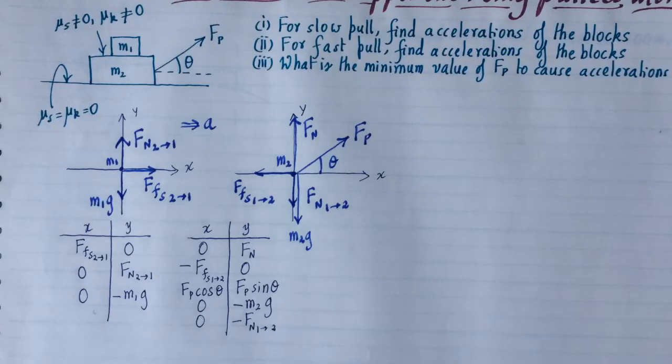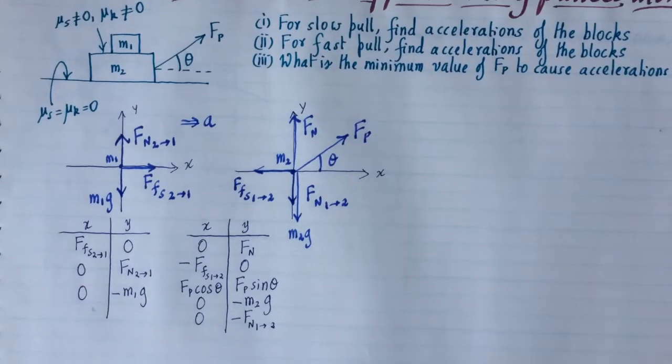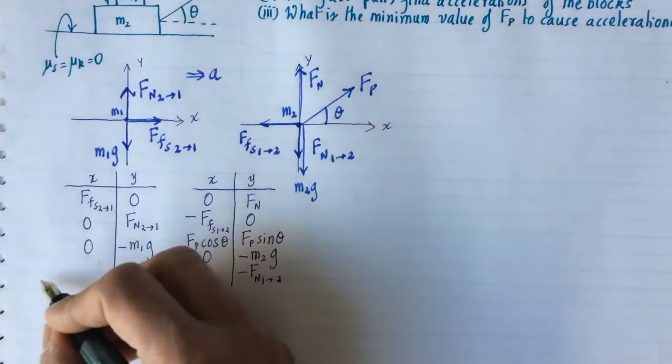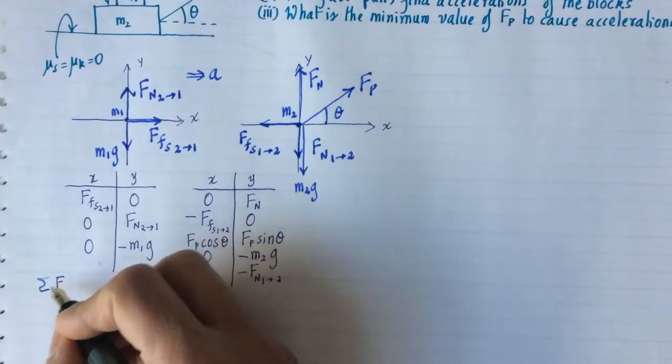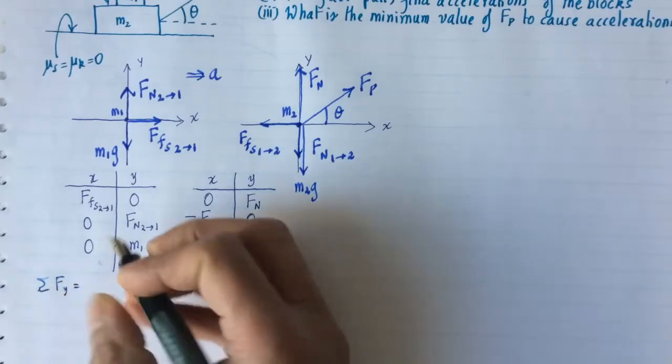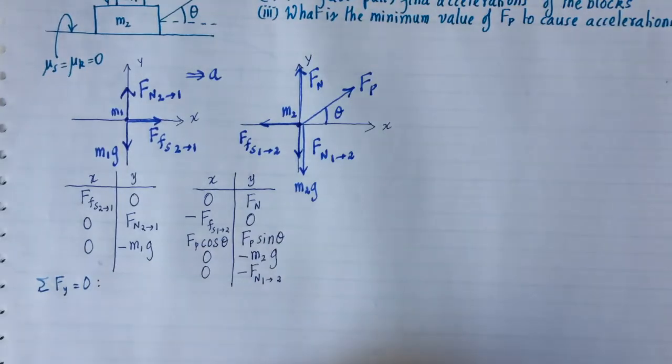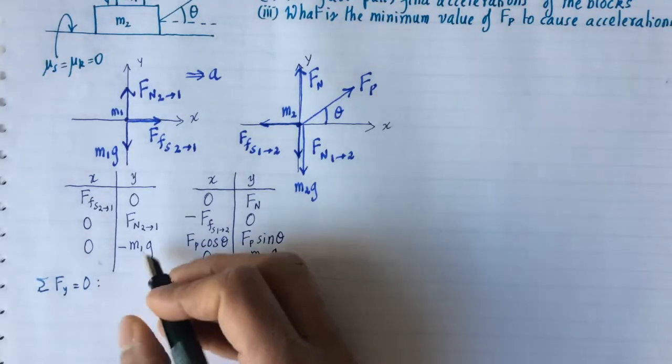Now we have to, as best as we can, solve these. So let's use on the first force table Newton's second law, which says that sum of all the forces is equal to mass times acceleration. So the sum of all the forces in the y direction equals 0 because there is no upward flight.